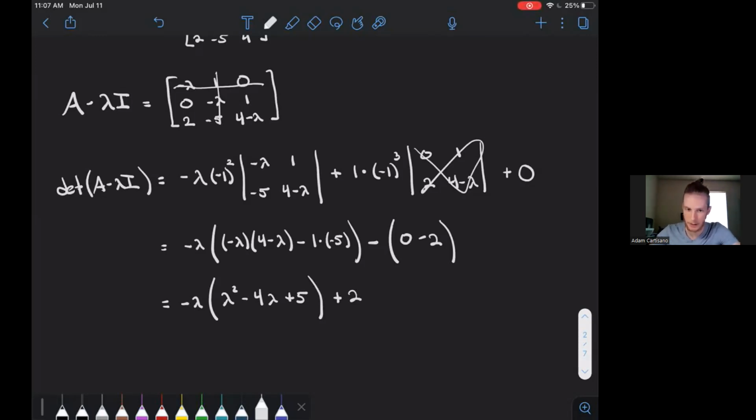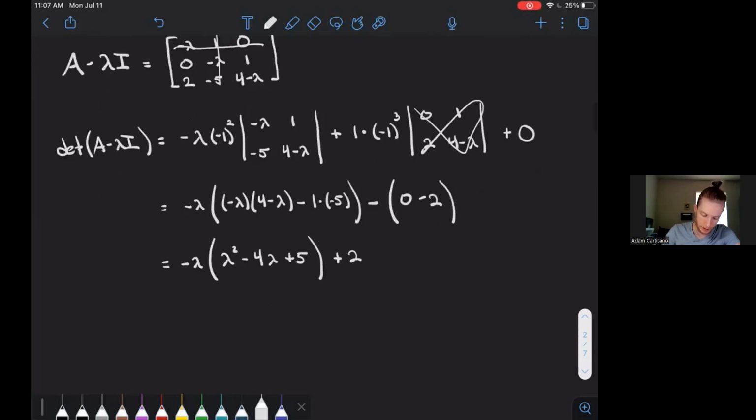Okay, we don't have very many good options, but let's try something. So this is a cubic polynomial in lambda. So let's just distribute that minus lambda. So negative lambda cubed plus 4 lambda squared minus 5 lambda plus 2.